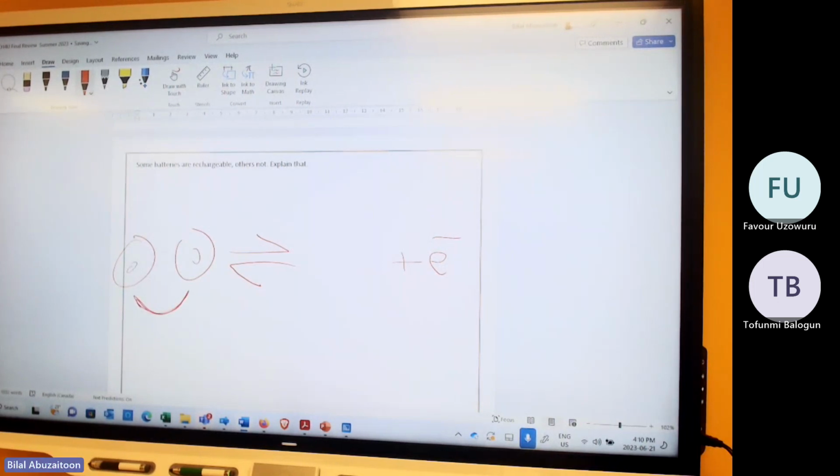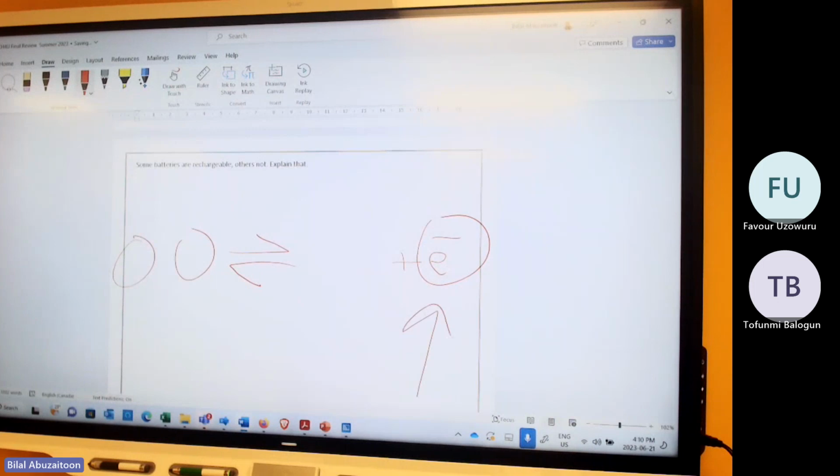together to produce electricity. This is the thing that you want from the battery. When you recharge it, you flip the reaction.